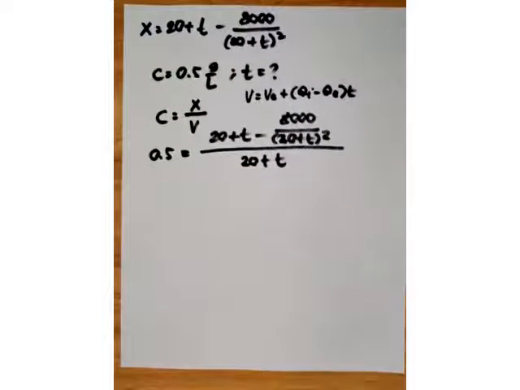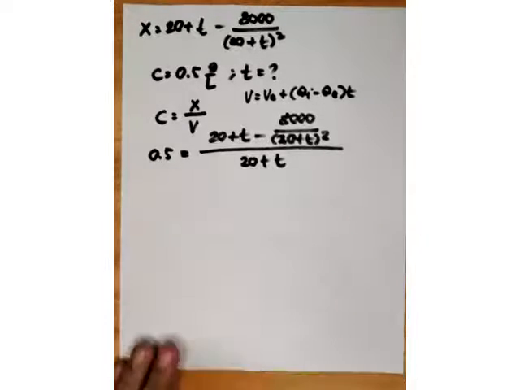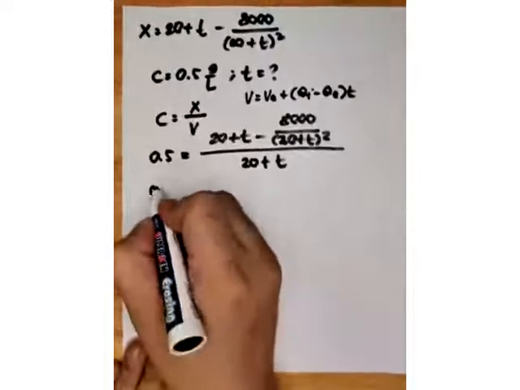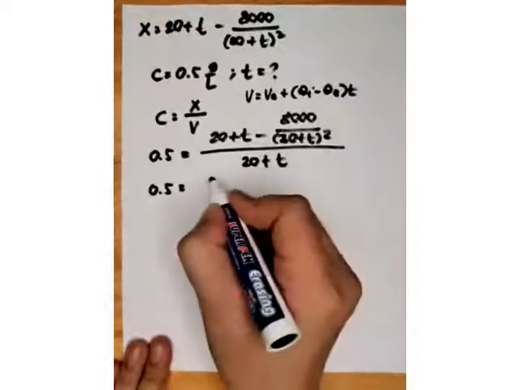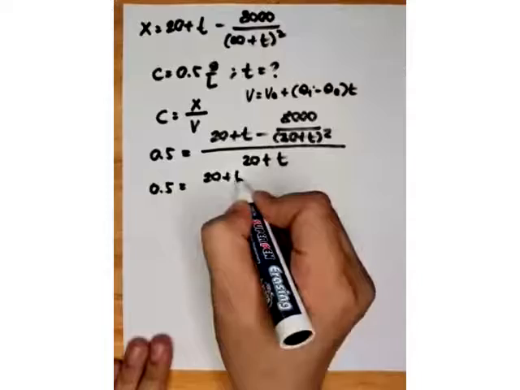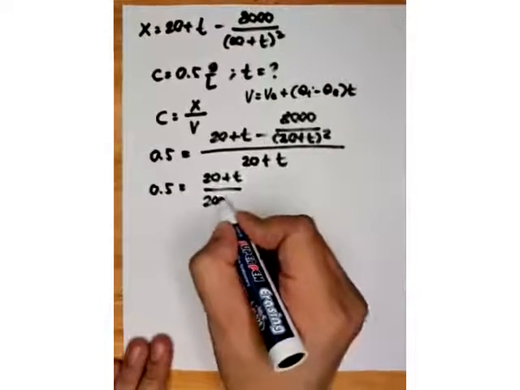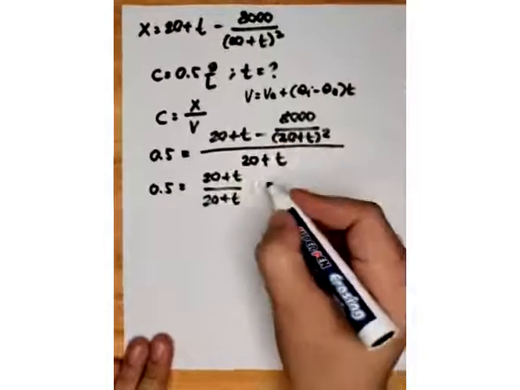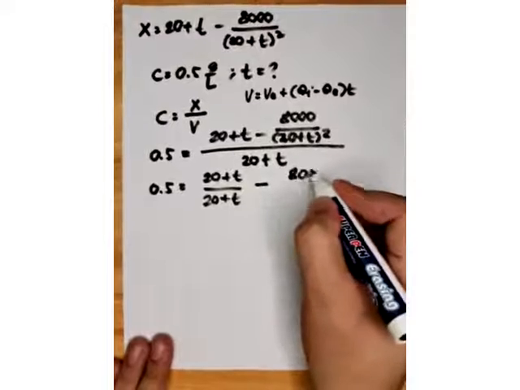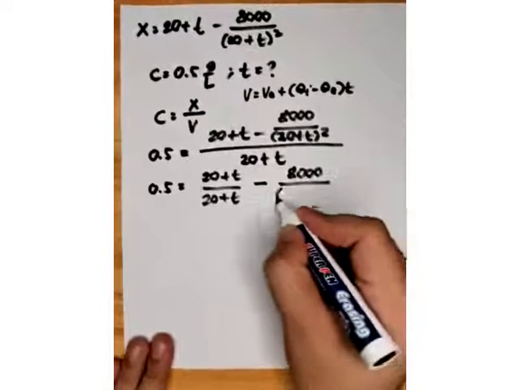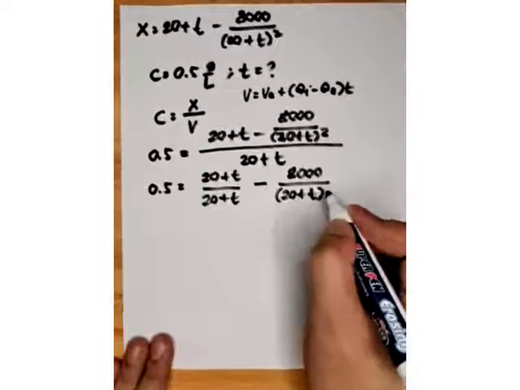Simplify lang natin. Kaya ba natin siyang i-simplify? So, yung pinakamadali na lang na alam ko. So, this is 0.5 is equal to 20 plus T over 20 plus T. I-distribute ko na lang. Minus 8,000 over 20 plus T cubed.